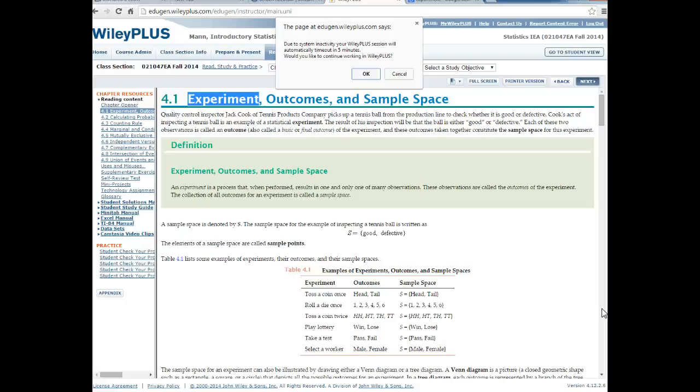What's the probability that the sum is 7? 1, 2, 3, 4, 5, 6 out of 36. 1, 6, right? What's the probability that the sum is 8? 5 out of 36. What's the probability that the sum is 9? 4 out of 36.